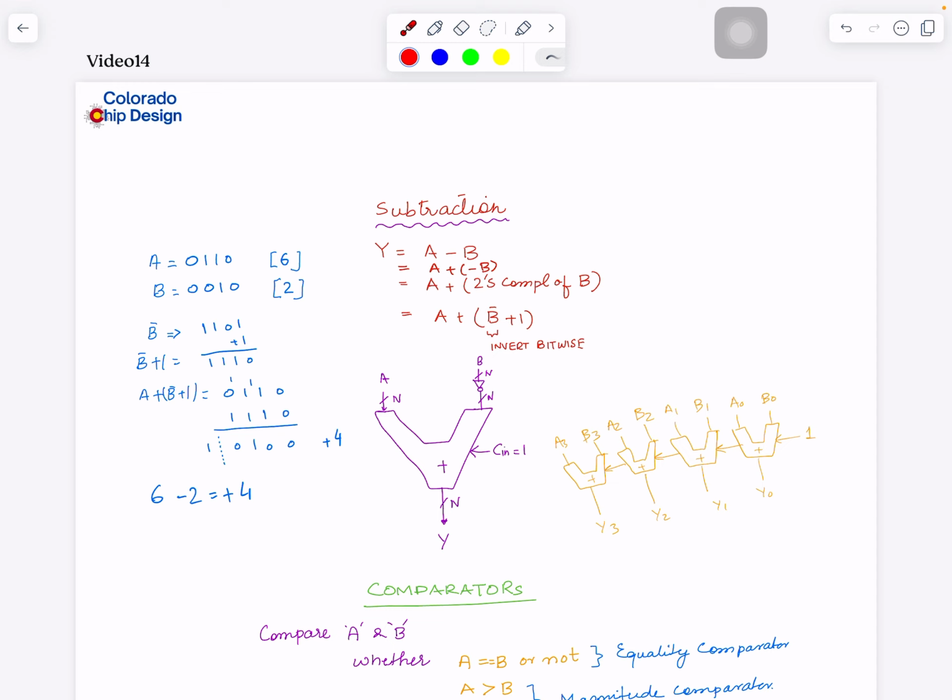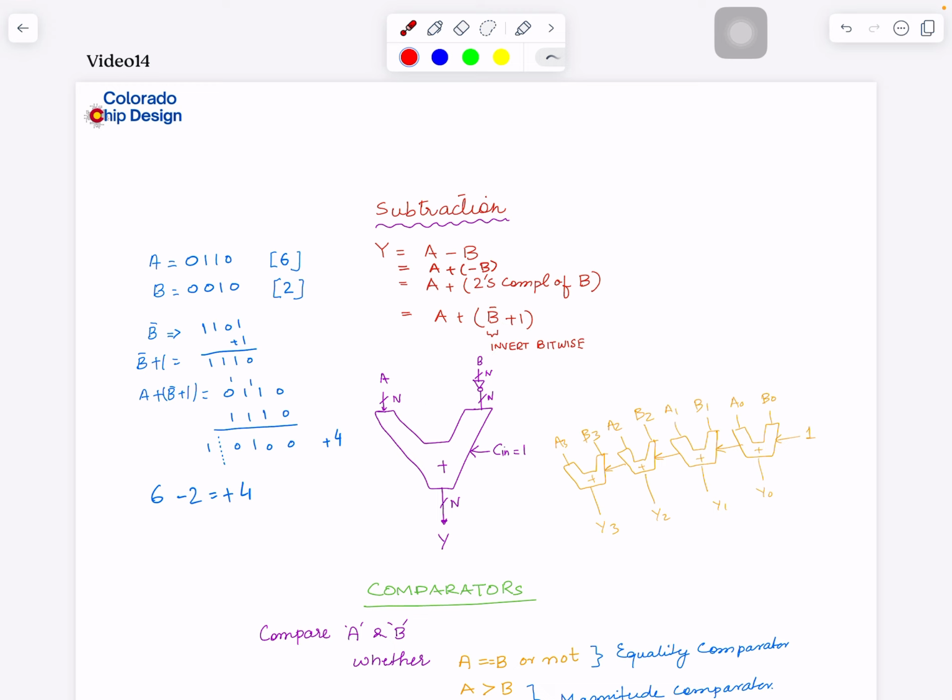We did a couple of types of adder, and let's look into subtraction and comparators. So first, subtraction. You will see that the adder that we studied is a very important component, because it's not only used by addition, but it is also part of subtraction and also part of multiplication.